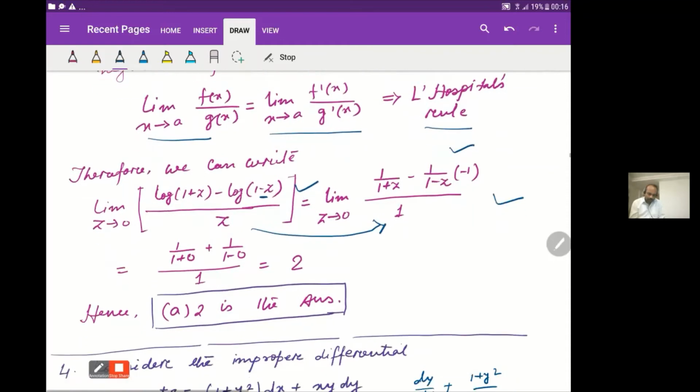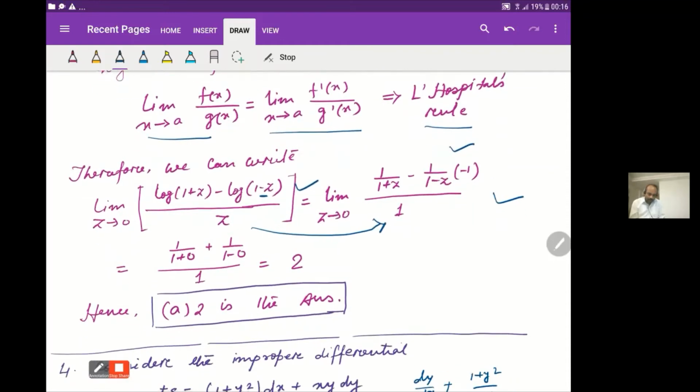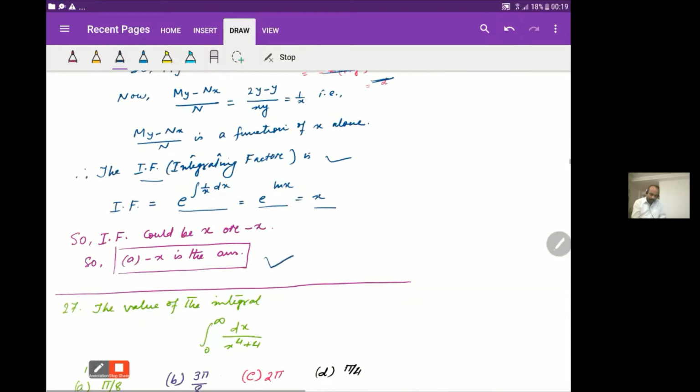So now putting the limit, we have 1 by 1 plus 0 plus 1 by 1 minus 0, because this minus and this minus will make it plus, divided by 1, that gives us 2. So option A, which is 2, is the answer.